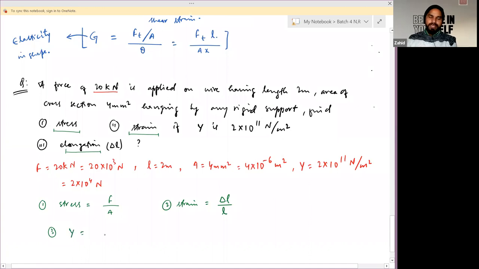As we had Y, Young's modulus, equals to stress divided by strain. So from this, you will be able to calculate strain, as Y is given and stress you will calculate in the first part. Try to solve using these formulas.